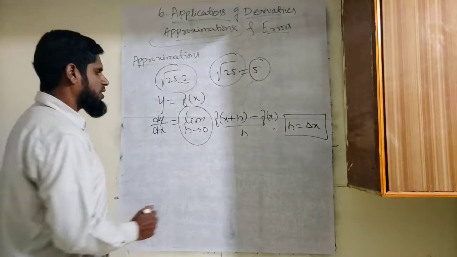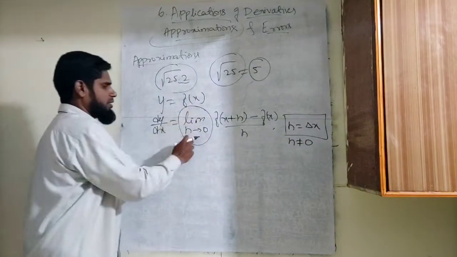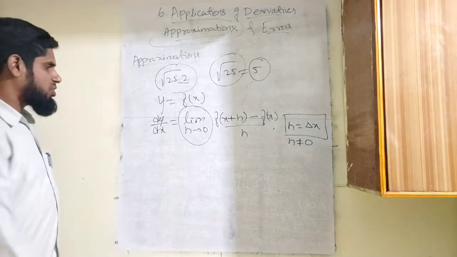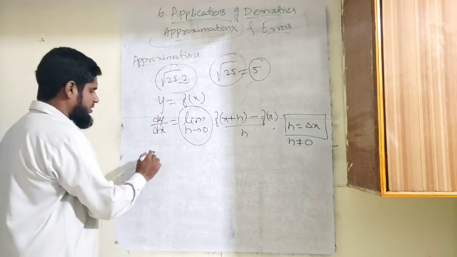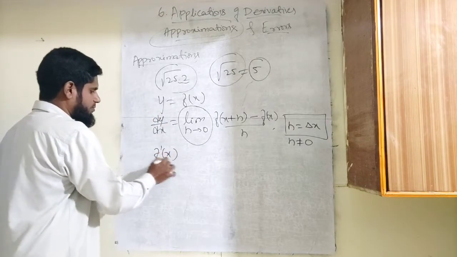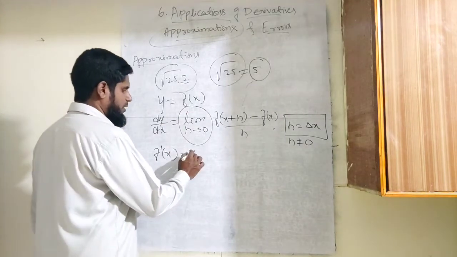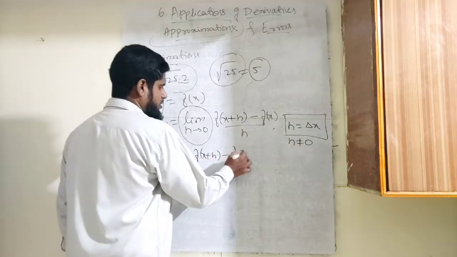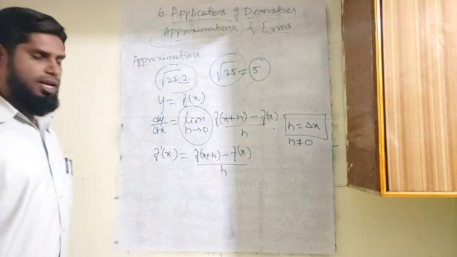So when I know that h is not equal to 0, let us remove the limit from the definition of derivative. Then I can write f dash of x equals f of x plus h minus f of x divided by h.